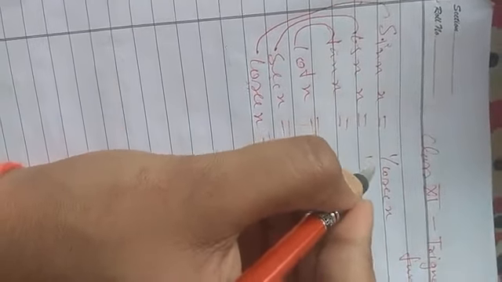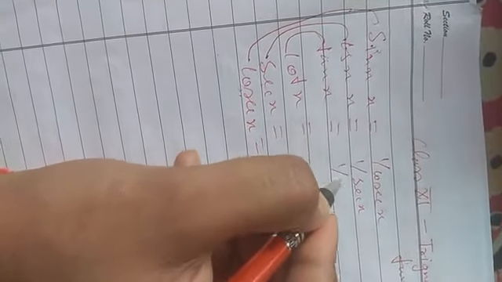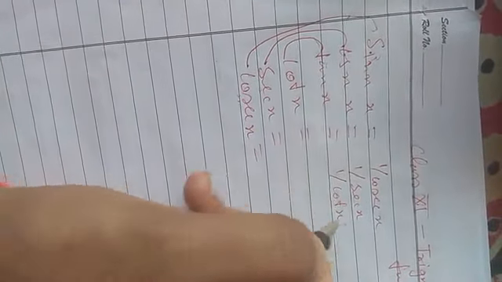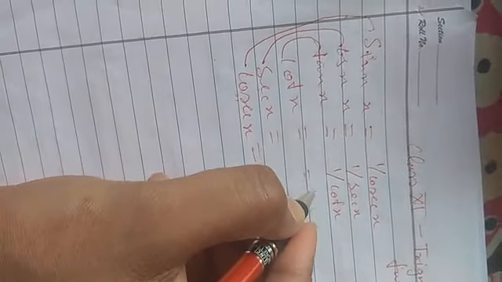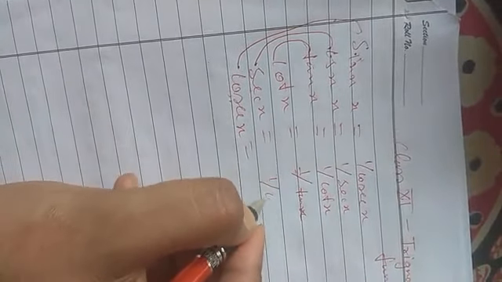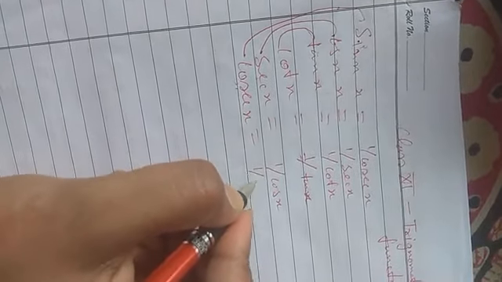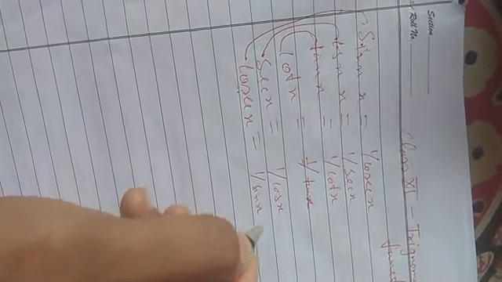Cos x equals to 1 upon sec x. Tan x equals to 1 upon cot x. Cot x equals to 1 upon tan x. Sec x equals to 1 upon cos x. Cosec x equals to 1 upon sin x.